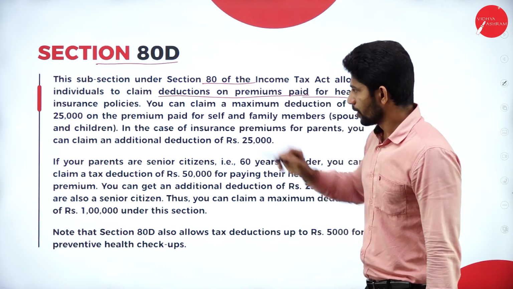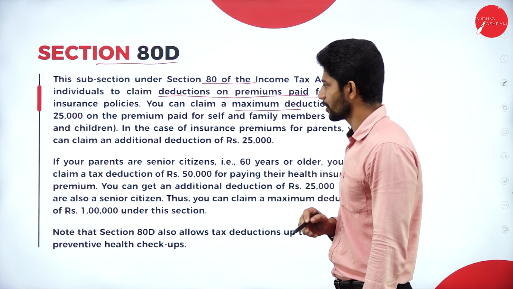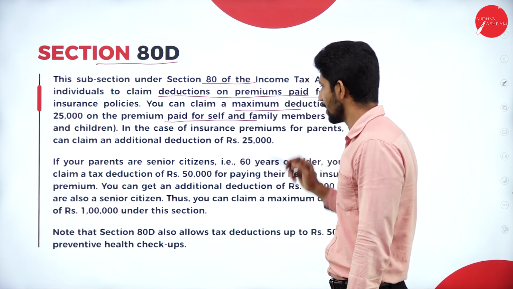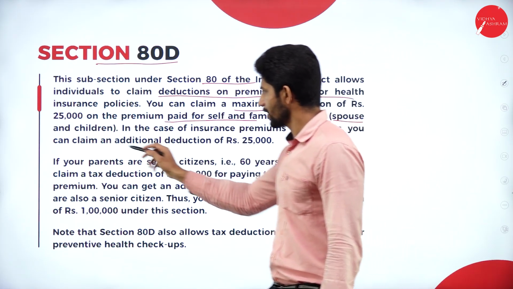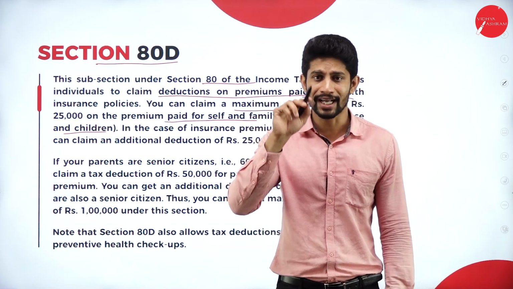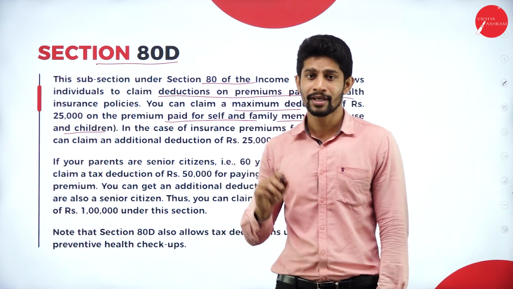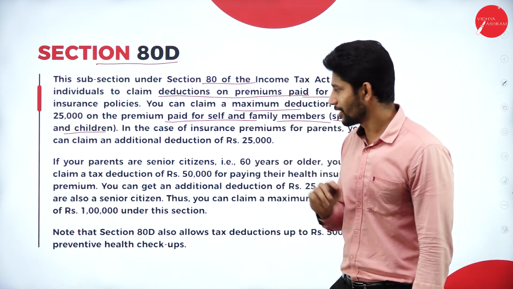Here you can claim the maximum deduction of rupees 25,000 on premium paid for self and family members, that is spouse and children. You can claim the maximum amount of 25,000 rupees if you are taking health insurance for yourself, your spouse and your children.